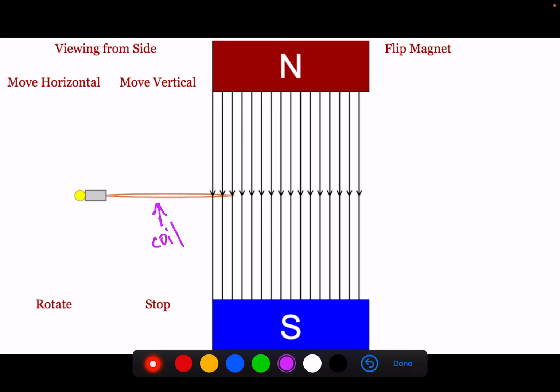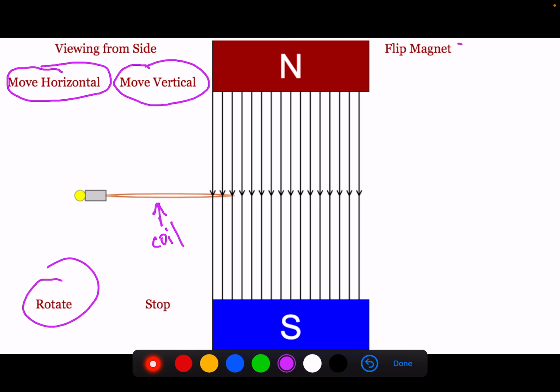And we did a little experiment where we did all kinds of changes. We changed the horizontal position, the vertical position, we rotated it, we flipped the magnet, and we did a few other things. We saw that some things made the light bulb light up, meaning we had electricity. And some things, the light did not light up, meaning they were ineffective at causing electricity to flow through our coil.